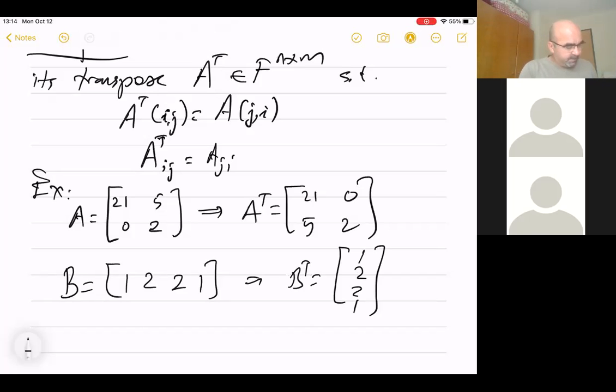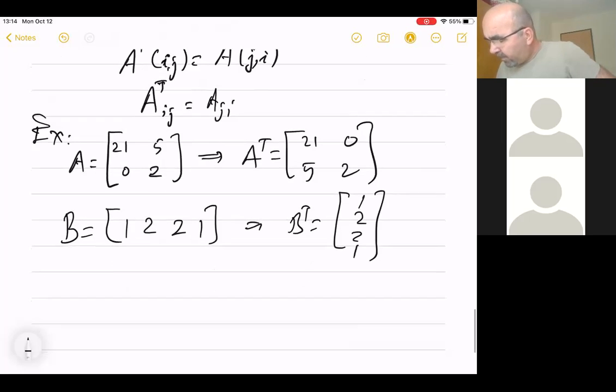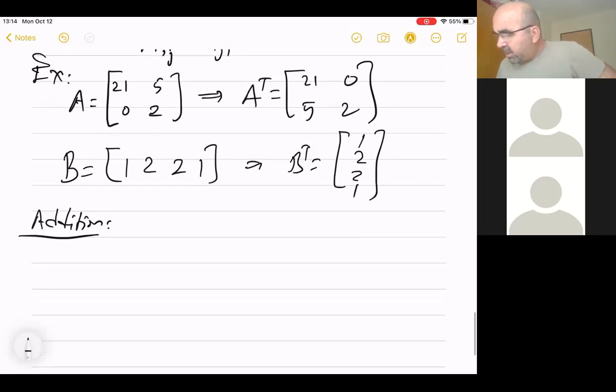Next, matrix addition. Let's start with the addition of matrices. If we have two matrices of the same size, let's start with an example.